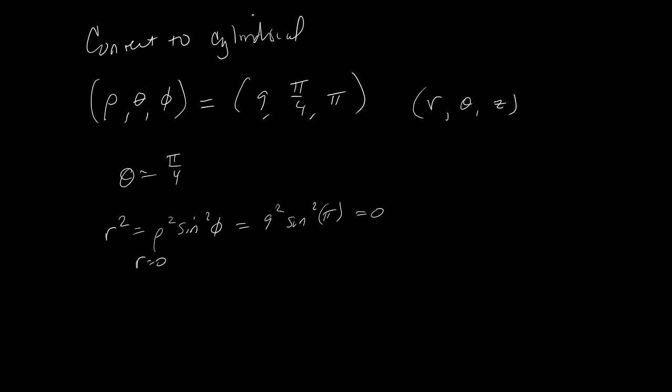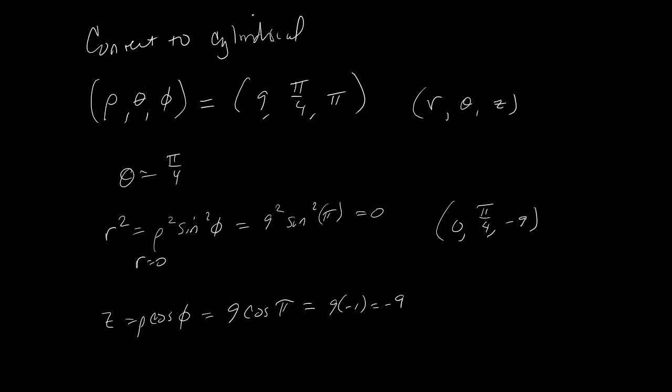And then for z, our conversion formula there is z is equal to rho cosine of phi. Rho is 9, cosine of phi is pi. Cosine of pi is -1, so this is 9 times -1, or -9, so there's z. So our point in cylindrical coordinates is given by 0, pi over 4, -9.